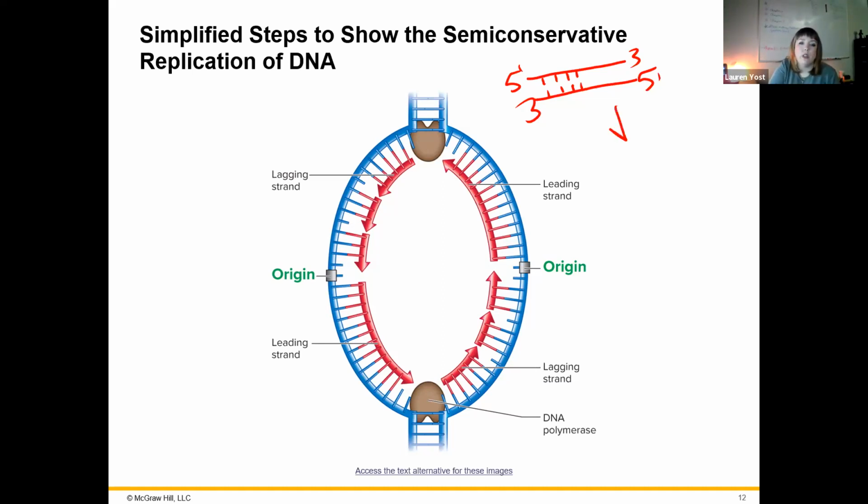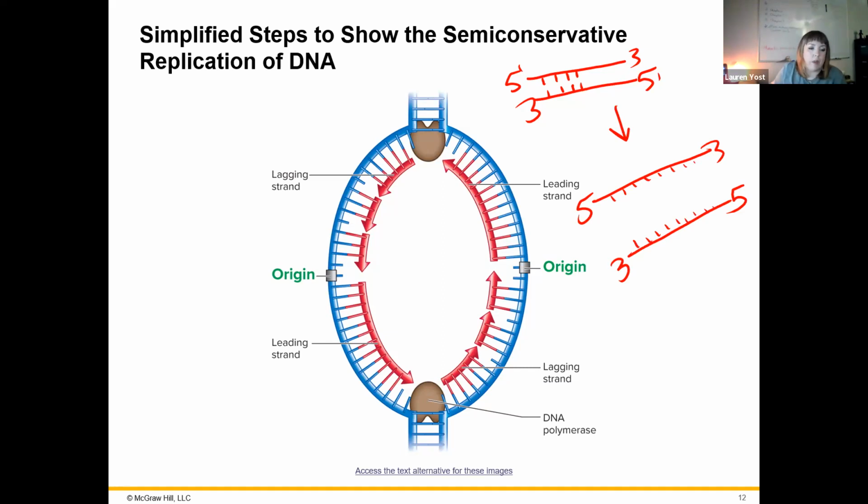So what we do is we split that apart. So this is 5 to 3. I just want to keep this going so that we keep remembering how it's set up. So this is 5 to 3. And now we have essentially a half of a double helix and another half of a double helix.